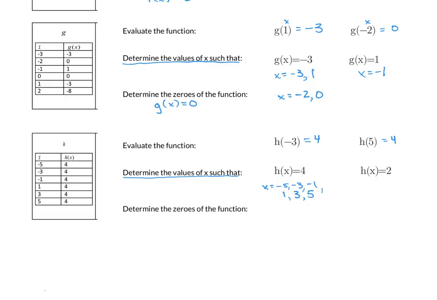Okay, is this thing ever equal to 2? We want h of x is equal to 2, so we're looking for 2 in the right column. It never equals 2, and so what do we say? We say no solution.